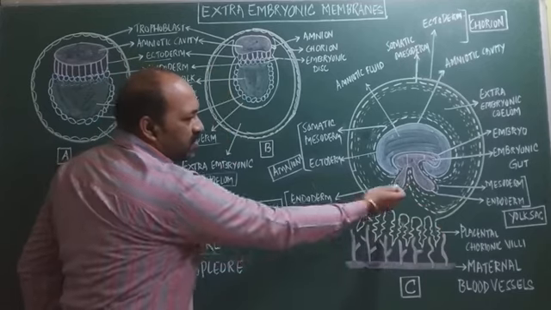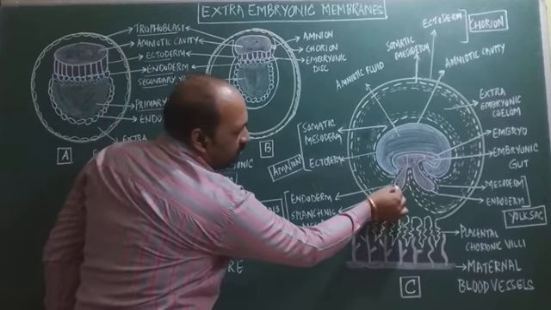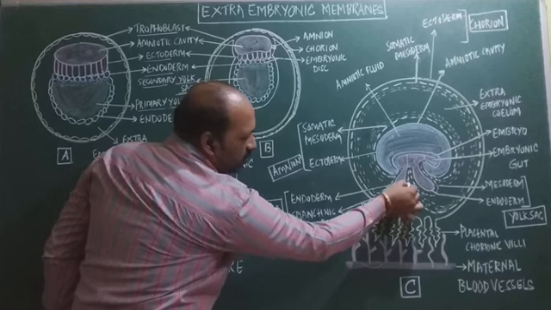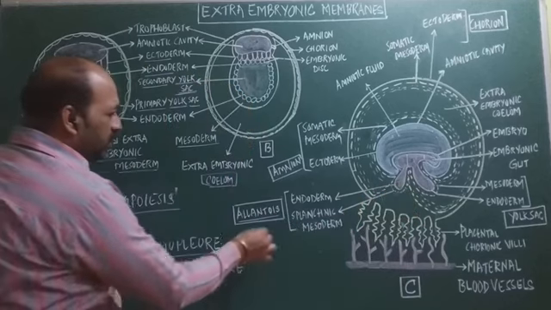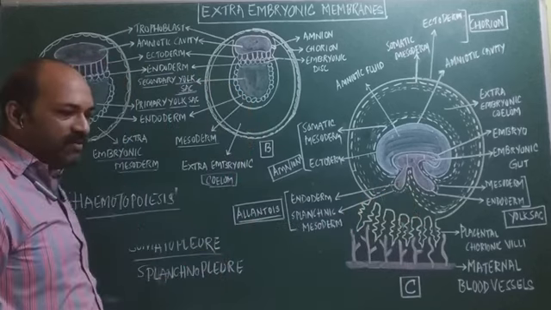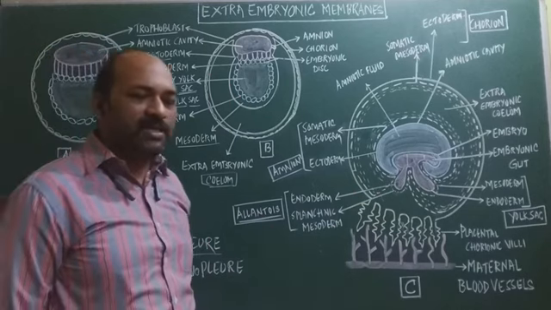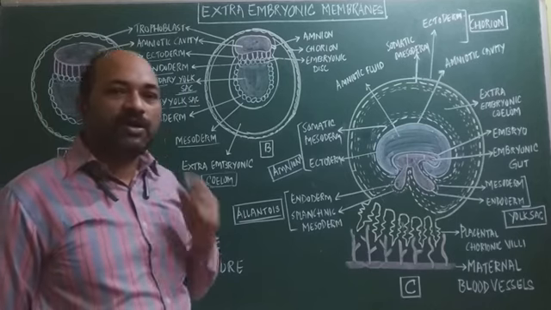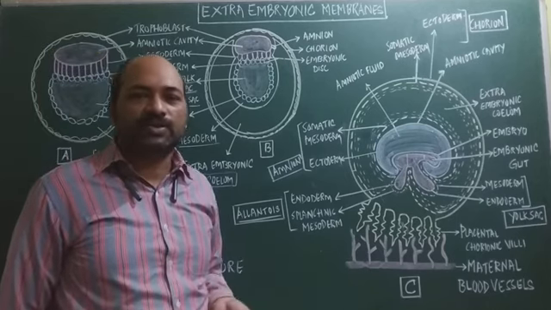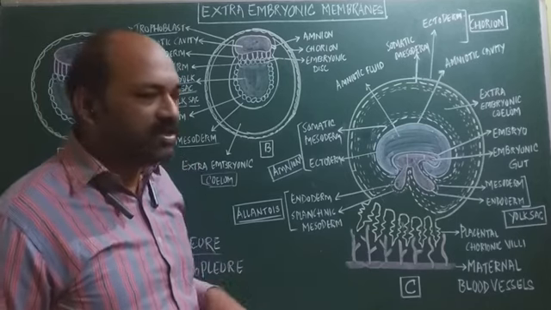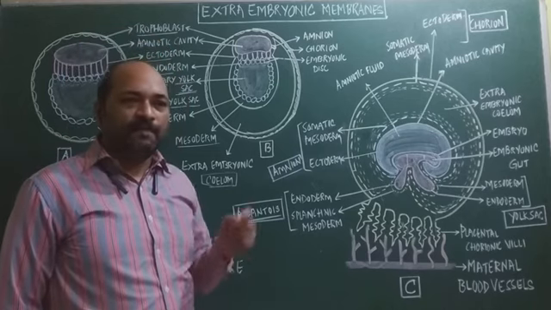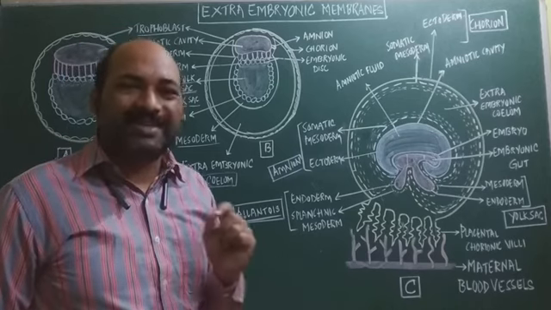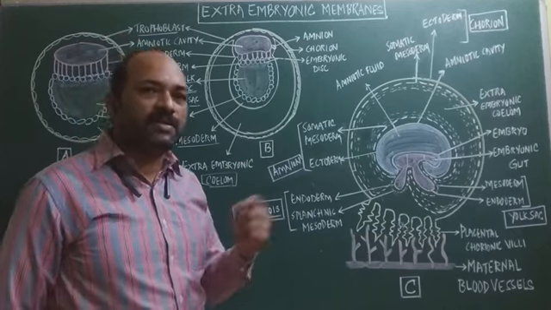So both the structures have endoderm inside and mesoderm outside. Now this allantois, in reptiles as well as in aves, is responsible for storage of the nitrogenous or metabolic waste. So there it is said to be the extra embryonic kidney, because the kidney does the same function.